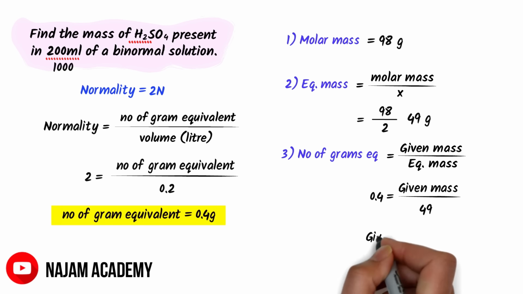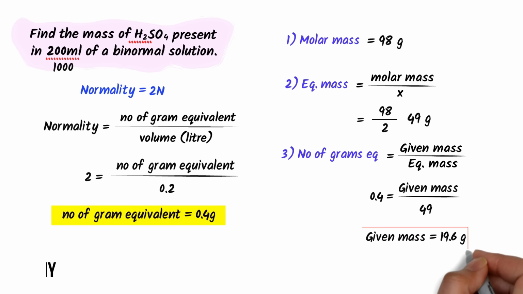After calculation, I get 19.6 gram. So the given mass or the required mass is 19.6 gram. Therefore remember that the mass present in 200 ml of H2SO4 is 19.6 gram. Thus by this way, we can easily calculate the required mass if normality is given. So this was all about normality.